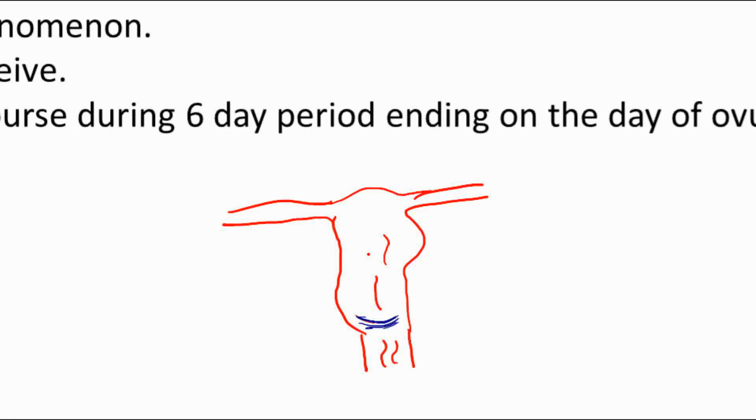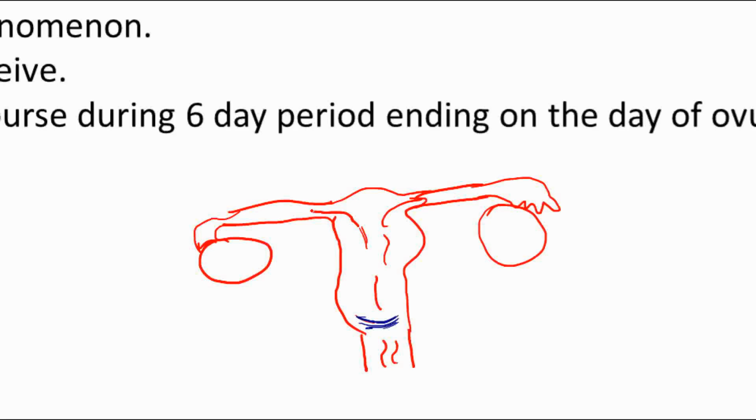And on reaching the uterus, again there is a luck factor. Luck factor means we know that two ovaries are present, on the right side and left side. And nobody knows in which ovary a mature egg is formed in that particular month. Of those sperms that manage to reach here, only a few move to the right side of the oviduct, and maybe a few move to the left side.